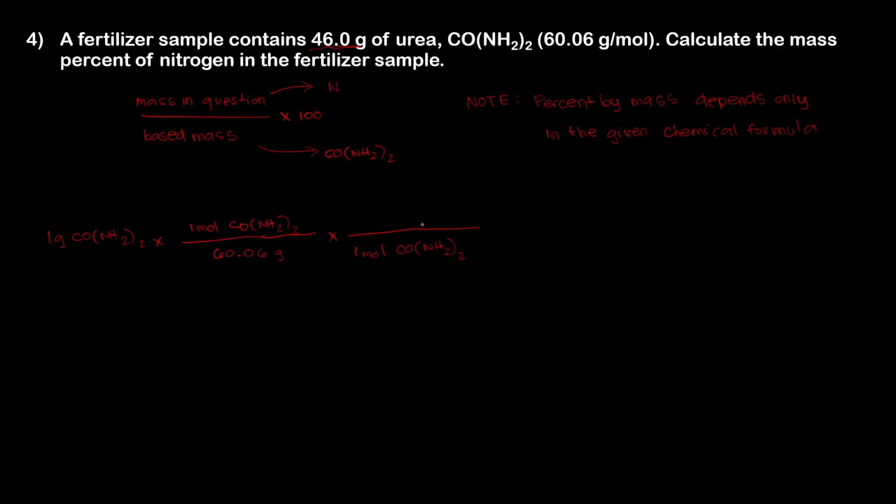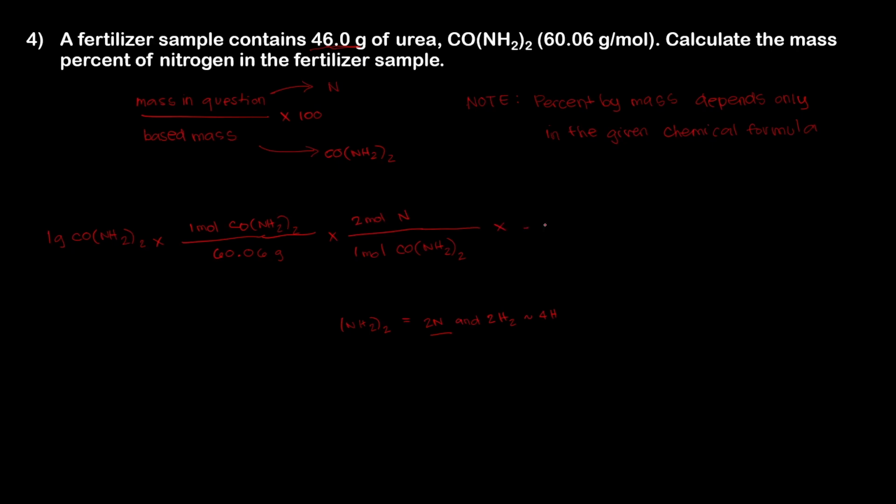How many nitrogen are there, since our mass in question is the nitrogen? There are two nitrogen actually, right? Here, NH2 twice, so that's 2 N and 4 H. But we are dealing with nitrogen here, so we have two nitrogen. So there are 2 moles of nitrogen.